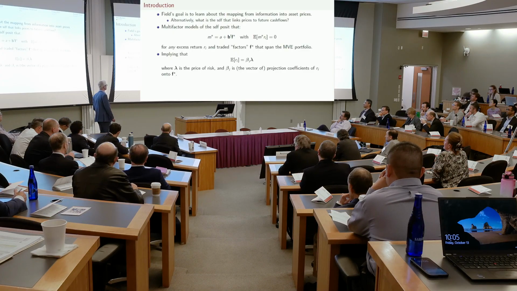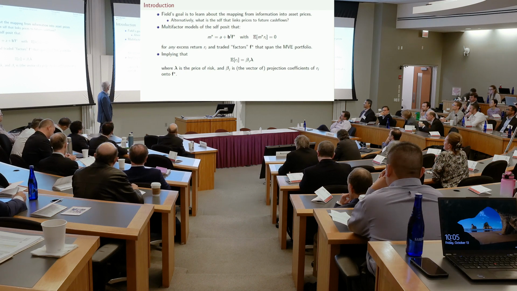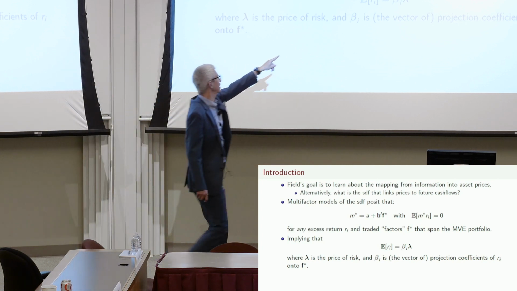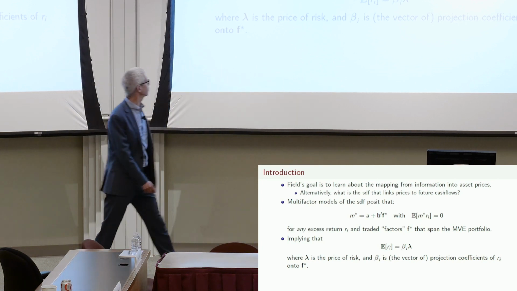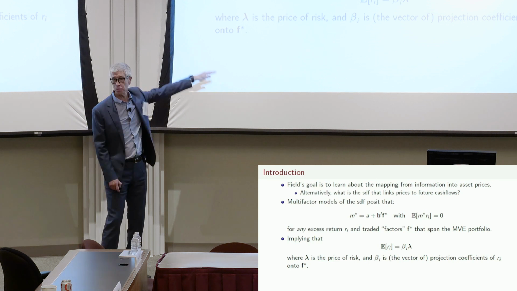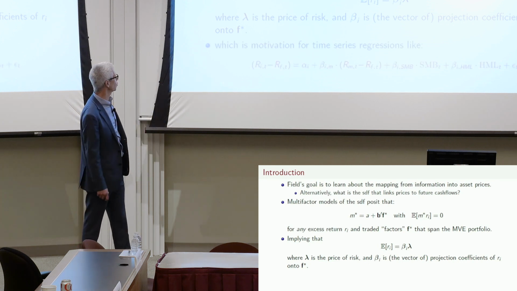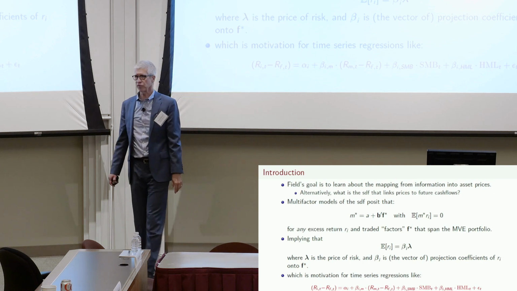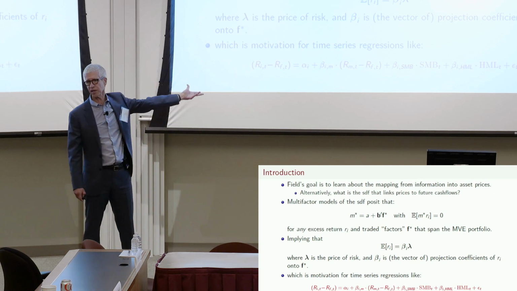What this means is that expected returns are going to be a linear function of the betas for that individual asset, with lambdas being the price of risk. So pretty straightforward.